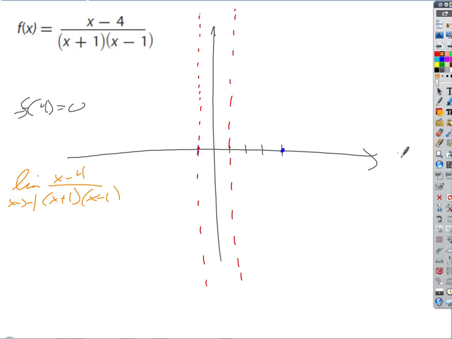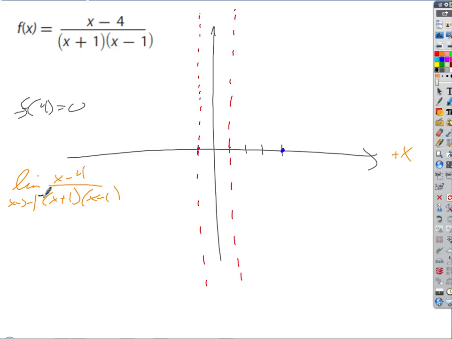This is the positive x-axis to the right and the negative x-axis to the left. So we're going to put a little superscript there that's a negative. That just tells us the direction we're coming from, right?